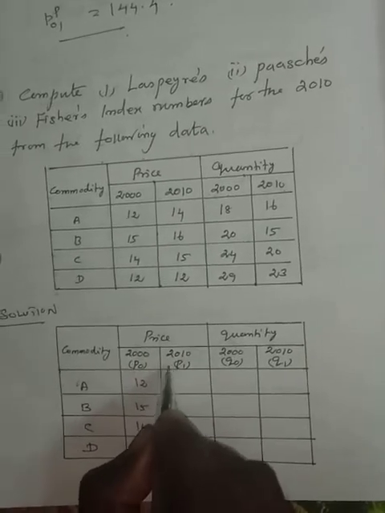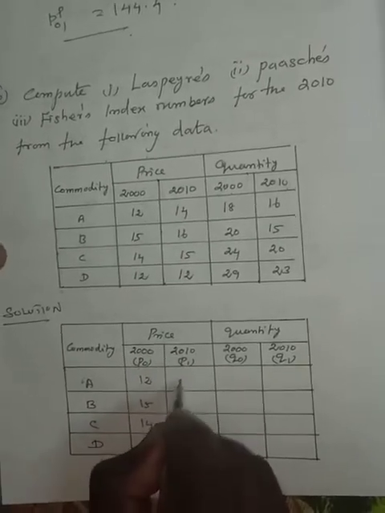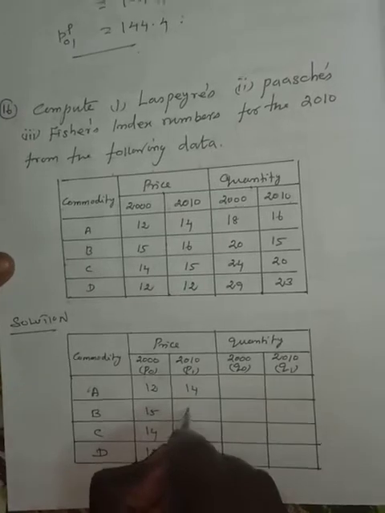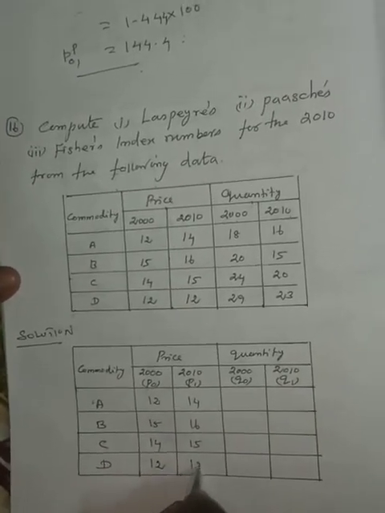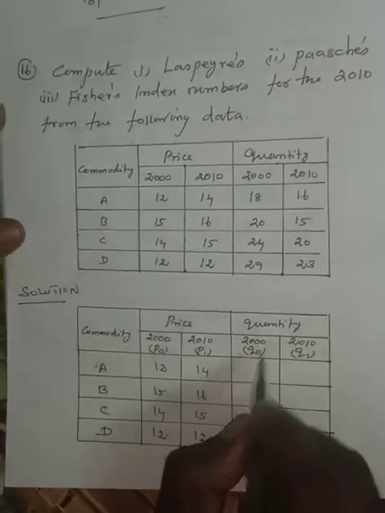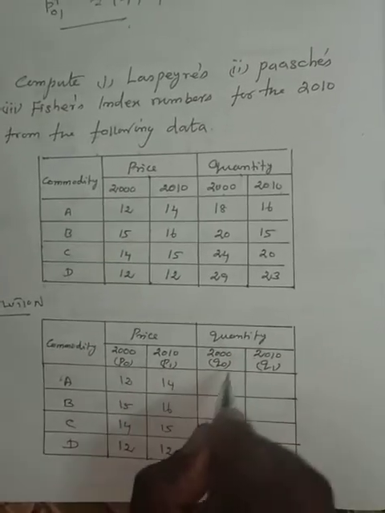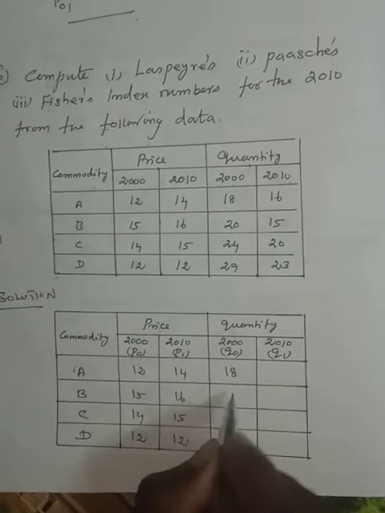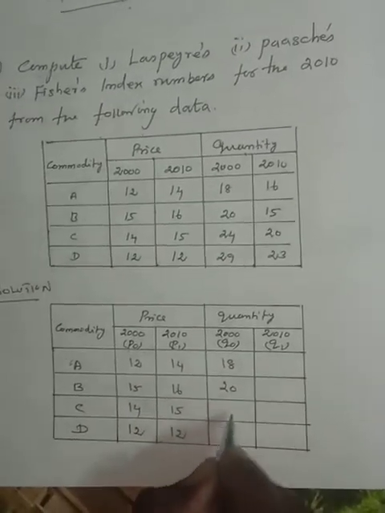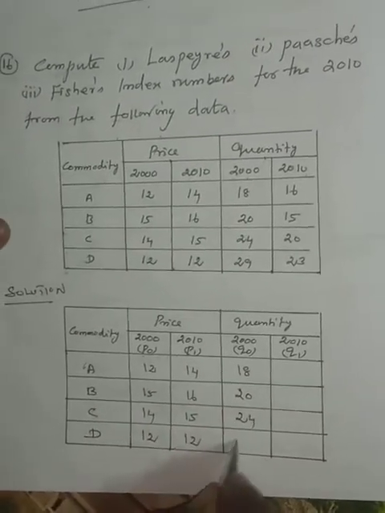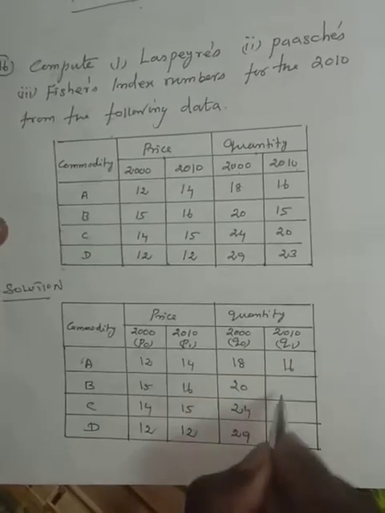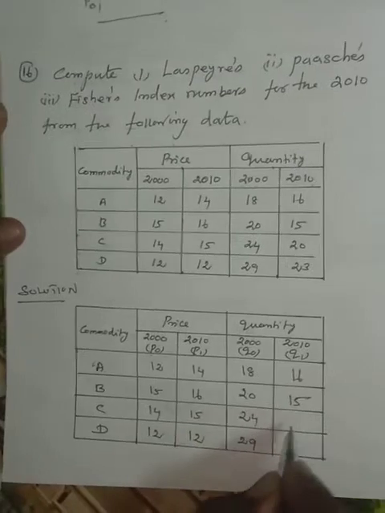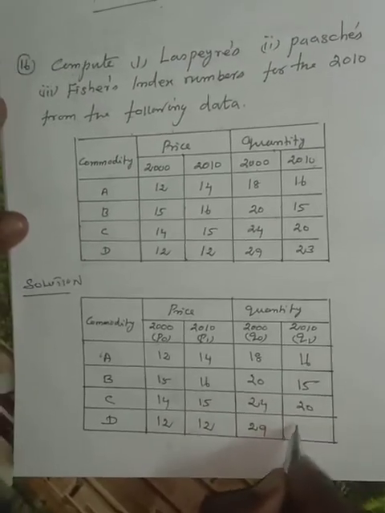Price final stage 2010: 14, 16, 15, 12. Next, quantity initial stage 18, 20, 24, 29. Next, 16, 15, 20, 23.